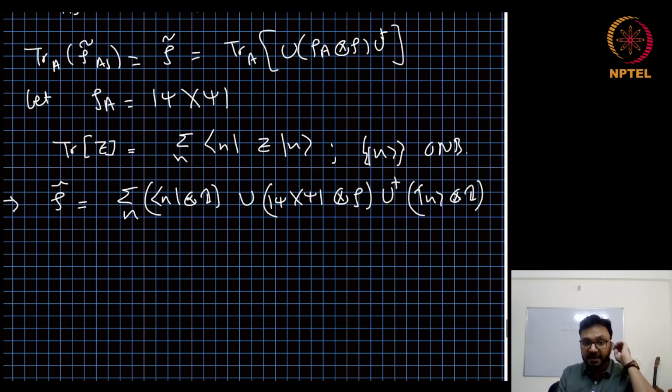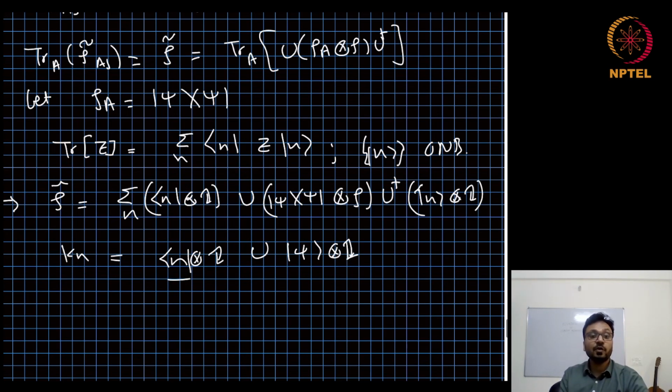Now let us define Kn, which is n tensor identity, U, psi tensor identity. So we are projecting the ancillary space on the state n on the left side and psi on the right side. So U is an operator acting on ancilla and system, and we are projecting it onto the n, psi space, so that the leftover operator acts on only the system.